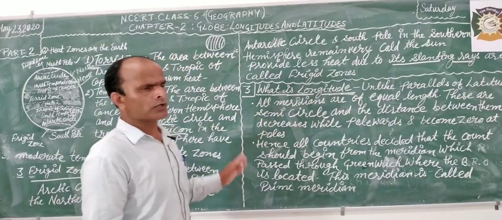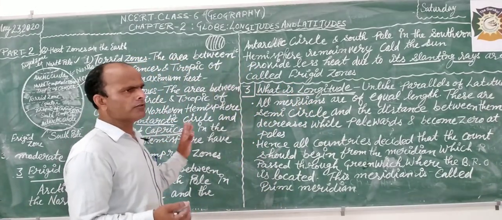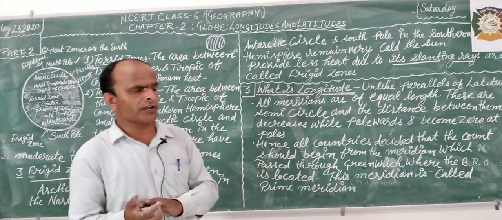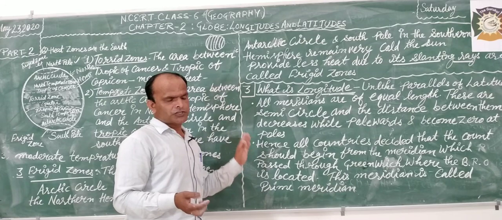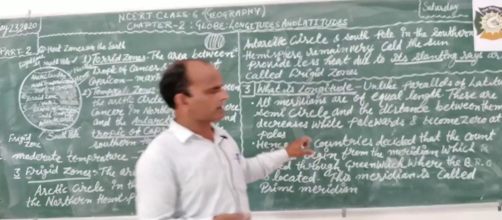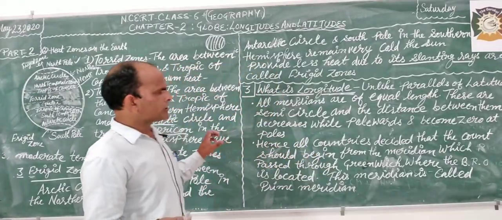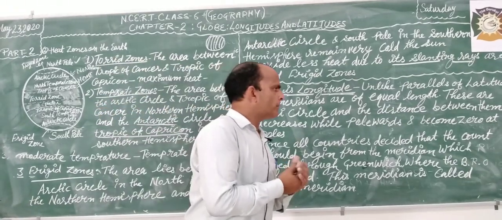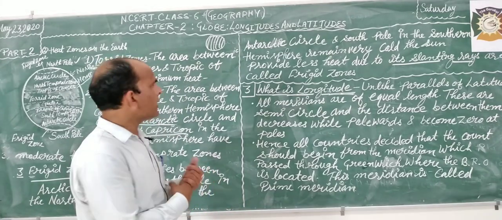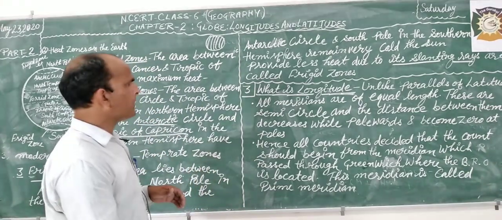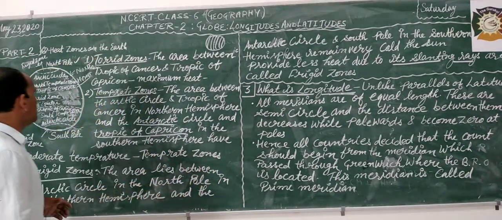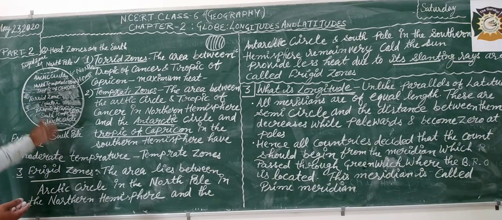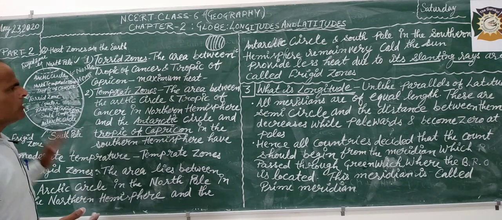What are longitudes? Longitudes are reference lines, vertical in shape. They are semicircles, and they are very important to get the location of any place. So this is our second part, in which we discussed the heat zones on the earth. There are 3 zones: torrid zone, temperate zone, and the freeze zone.